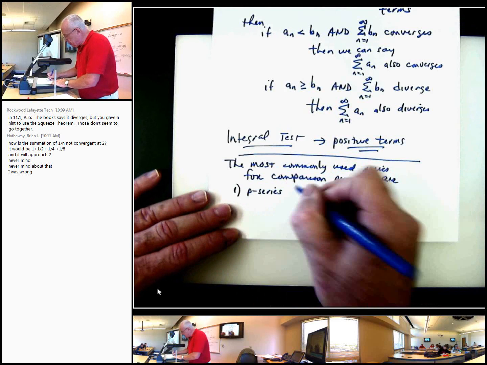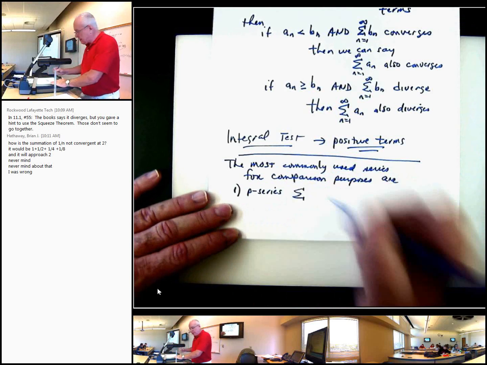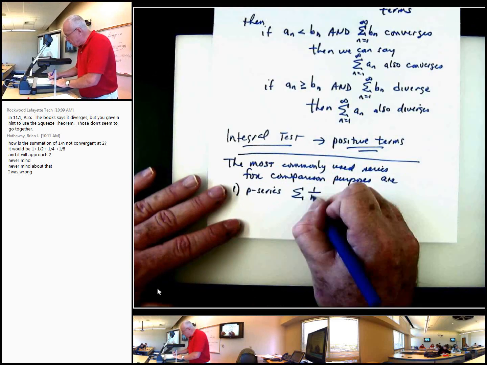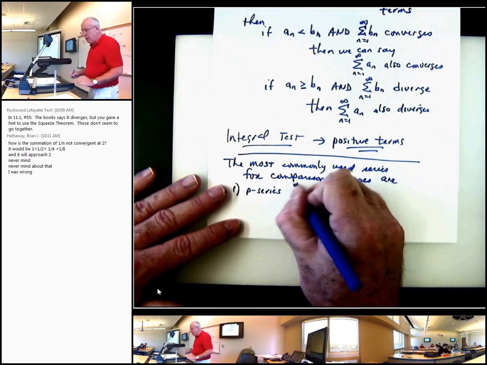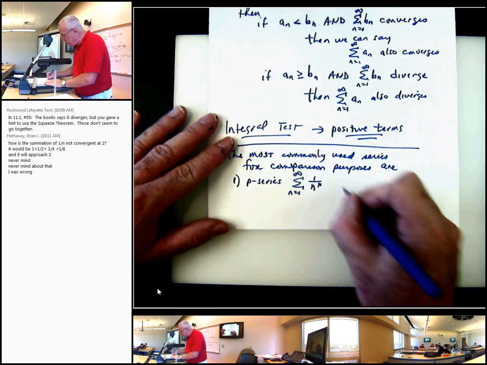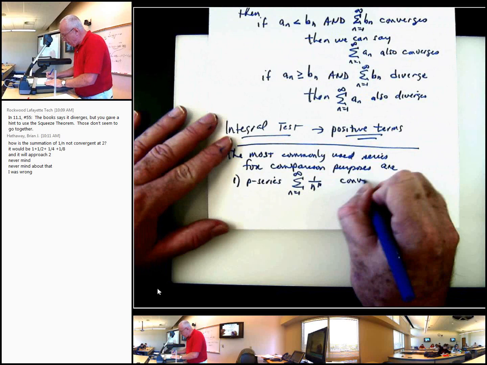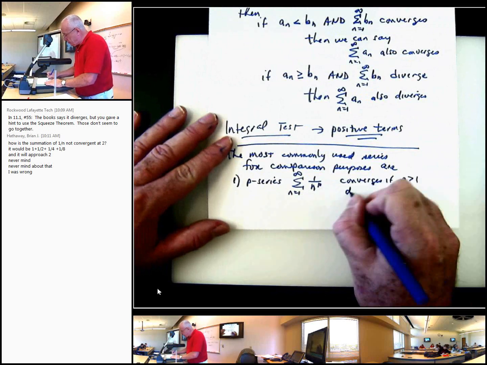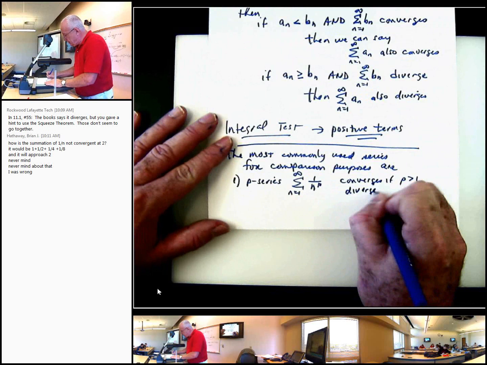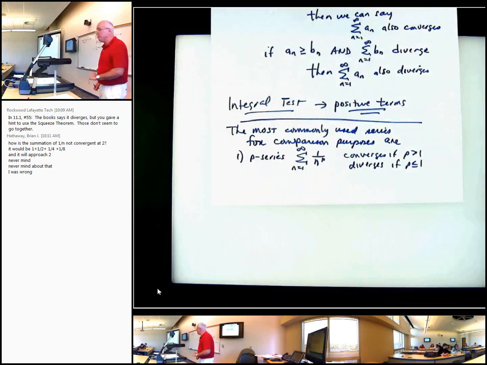Again, just to put this down, the summation of 1 over n to a p power, as n goes from 1 to infinity. Again, repeating this, it converges if that p is bigger than 1, and it diverges if p is less than or equal to 1.